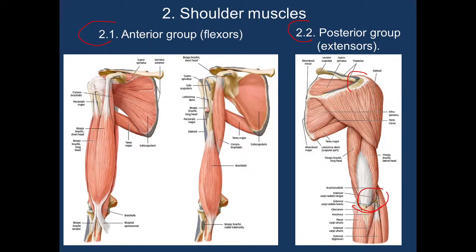For the anterior group we distinguish biceps brachii. It has two heads, long head and short head, and we distinguish also deep muscles in the anterior group. First one is coracobrachial, and the second one is brachial muscle.